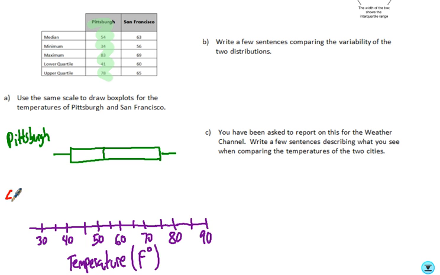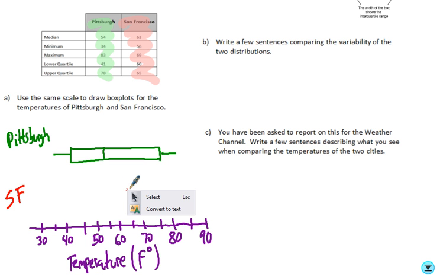So now let's do San Francisco. We're stacking them, using the same scale. I'll do red for this one. Let's start with the median, and then we can do the comparison part. The median is at 63, so a little bit warmer, and that should make sense.